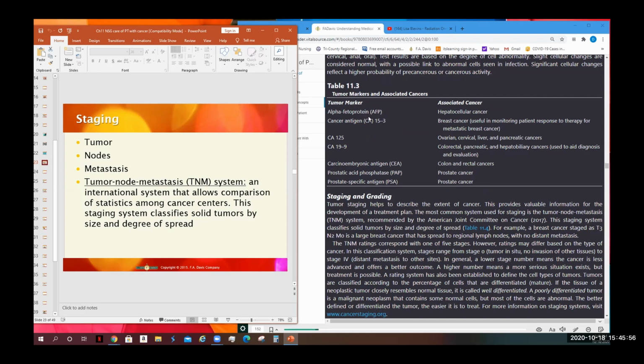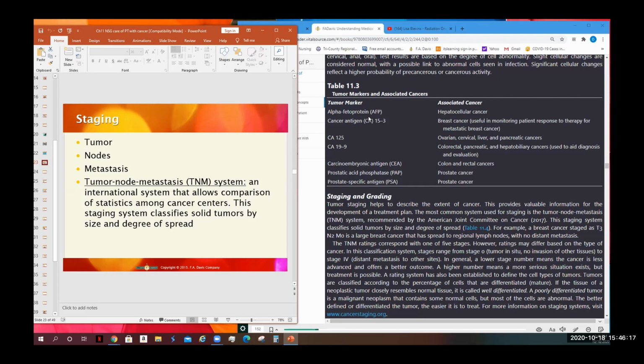CA125 is associated with ovarian, cervical, liver, and pancreatic cancers. CA19-9 is associated with colorectal, pancreatic, and hepatobiliary cancers.